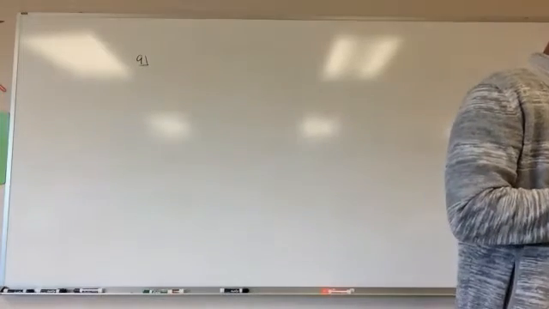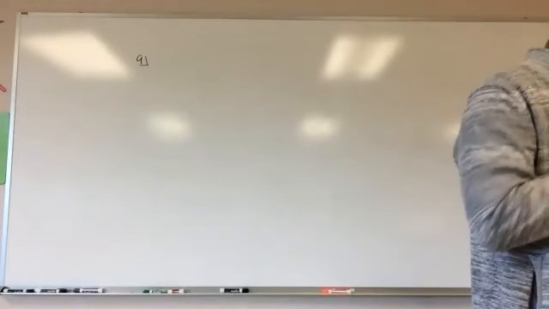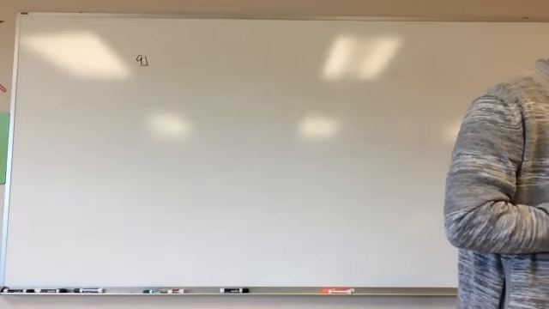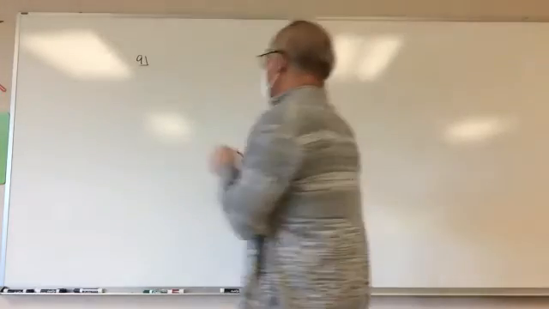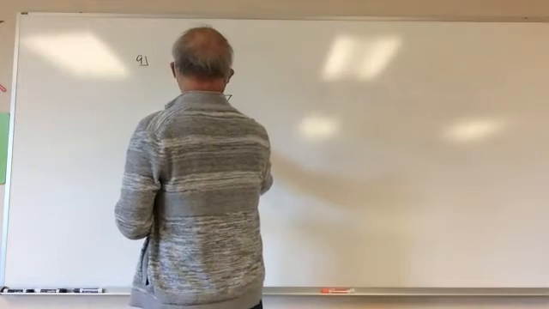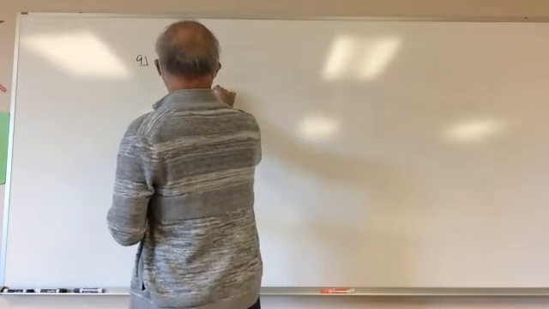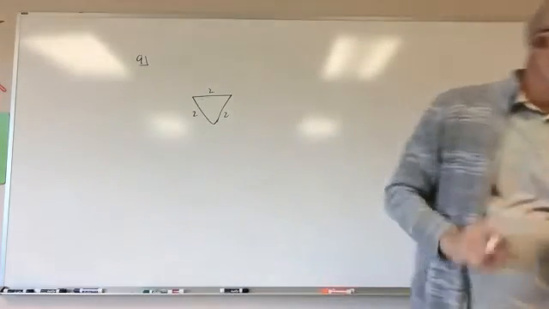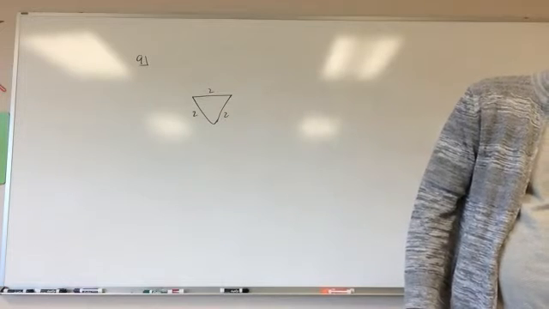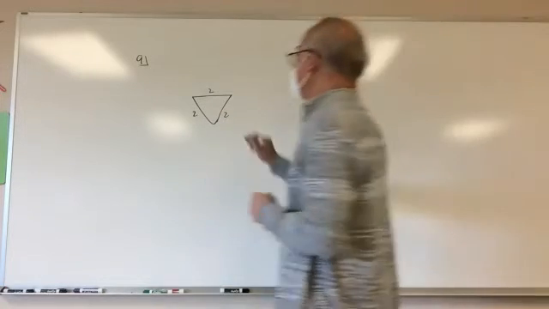Okay, a trough is 10 foot long, has a cross section in the shape of an equilateral triangle with sides that are 2 feet long. So you have an equilateral triangle, 2, 2, 2, and it's 10 feet long. Water is being pumped into the trough at a rate of whatever that is, right?